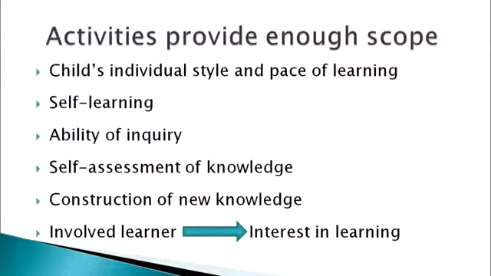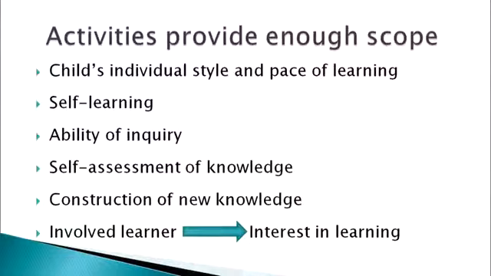And they're also able to construct new knowledge. This is something I've already talked about in detail, that children, if the surroundings are familiar, are able to construct new knowledge. And so activity in a way is good when you're teaching them about new concepts. You tell them and then you also give them something which helps them construct knowledge, rather than just be a passive receiver. They are active in their own process of learning and they become involved learners.